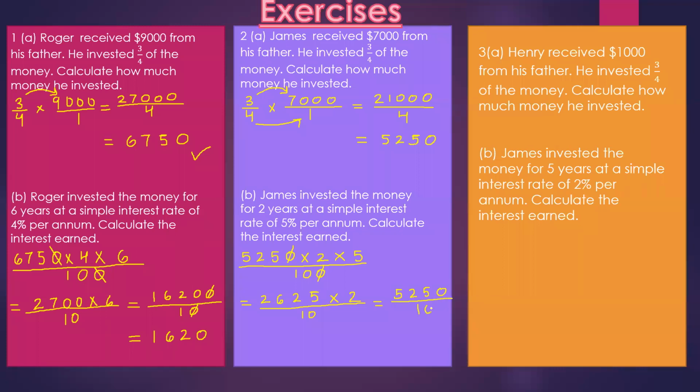And these two cancel out, so we get, what's the answer? 525. Excellent, 525. Anyone else got this? 525. Yes, I did. That's good. I got it. That's very good.